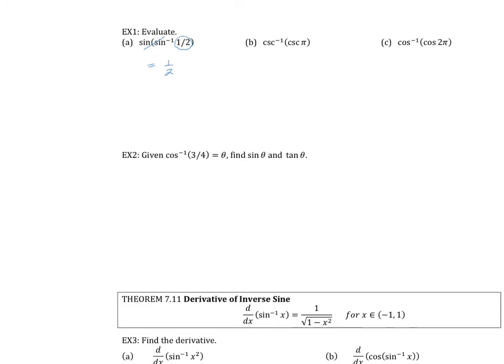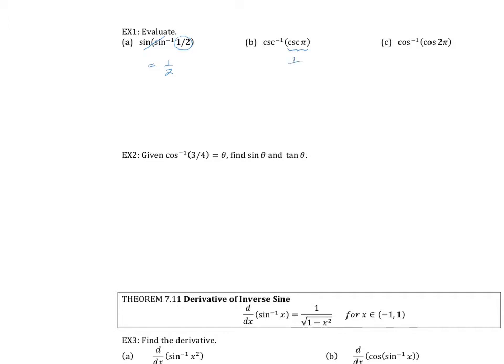Okay, so when we compose cosecant of pi with cosecant inverse on the outside, you have to ask yourself, is pi within that range? And the answer is no. So let's just look at cosecant of pi.